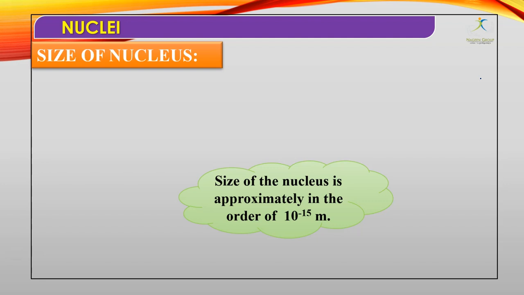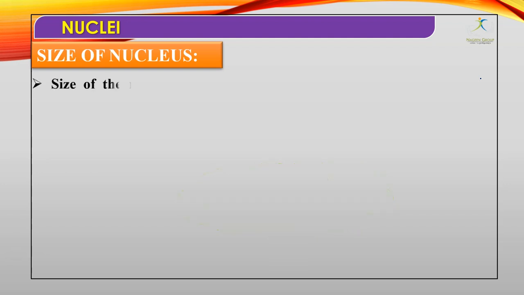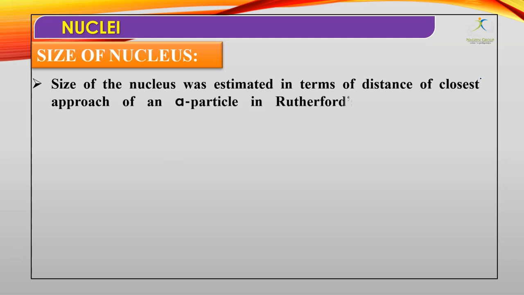The answer is yes. The size of the nucleus is approximately of the order of 10^-15 meter. The size of the nucleus was estimated in terms of the distance of closest approach of an alpha particle in the Rutherford alpha ray scattering experiment.